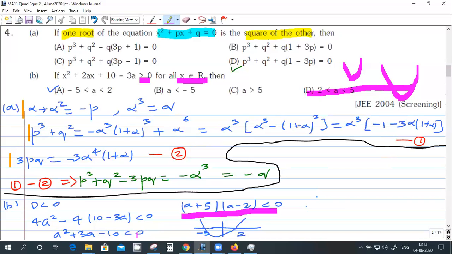If you got these factors, fine, and then we solved by the wavy curve method. A parabola means it's quadratic, so it's much simpler, because it's either U or inverted U. Once you know it's U, in between the roots it will be negative.